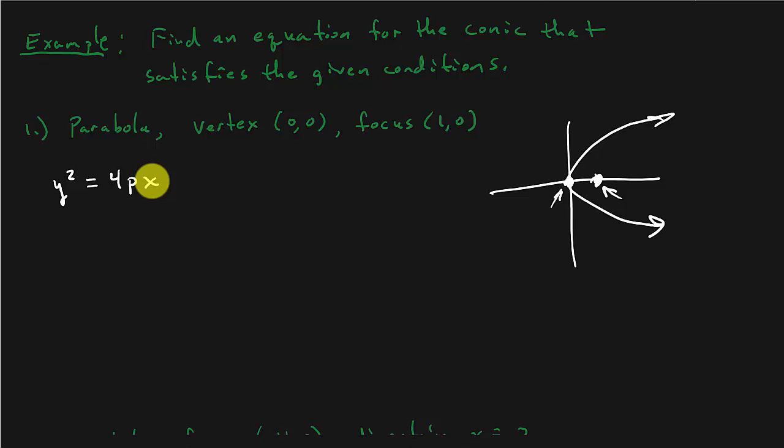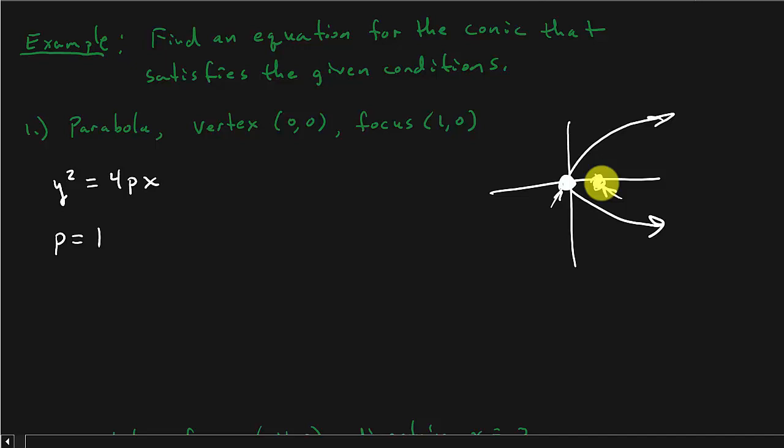And what else do you know? You know that p is equal to 1. Well, how in the world do you know that? Because isn't p the distance from the vertex to the foci? That's 1 unit, right?